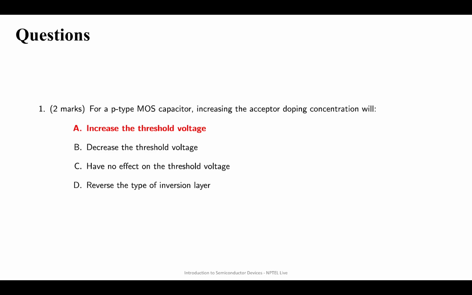For a p-type MOS capacitor, if you increase the acceptor doping concentration, it will increase the threshold voltage, because your phi f will change.